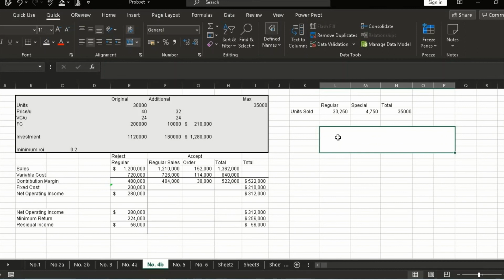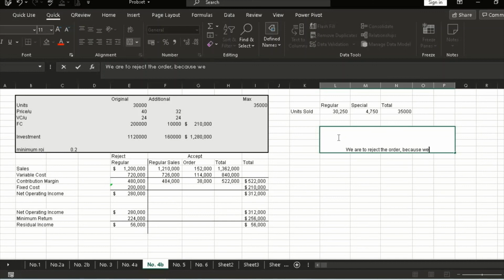As for the order, we are going to reject the order because we cannot accommodate the required units, which is 10,000 units.